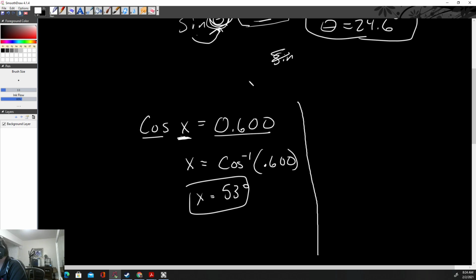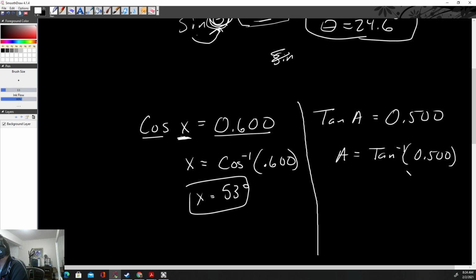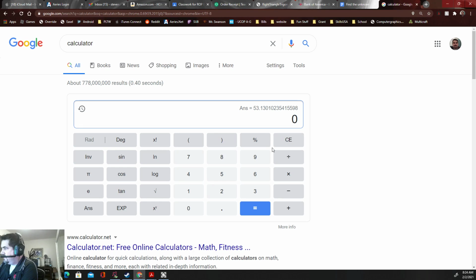Let's do one more, a tangent. Tangent of some angle, we'll call it A, is equal to 0.500. So what is A? A is equal to tangent inverse of 0.500. Let's go back to the calculator. Clear. Tangent. Nope, not tangent. We're going to go to inverse.